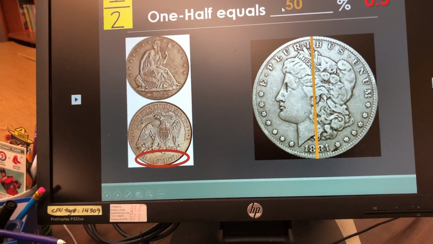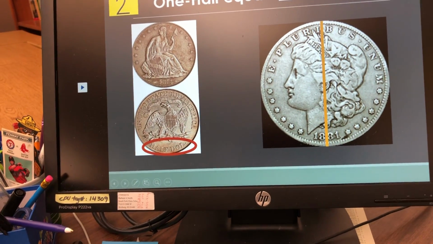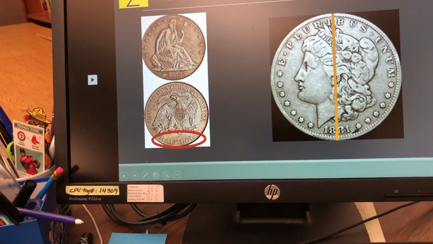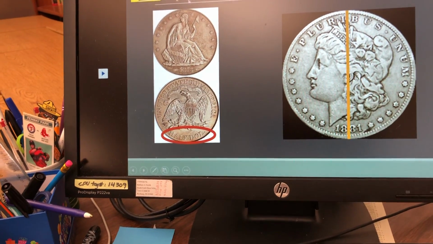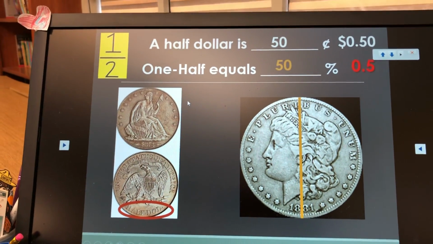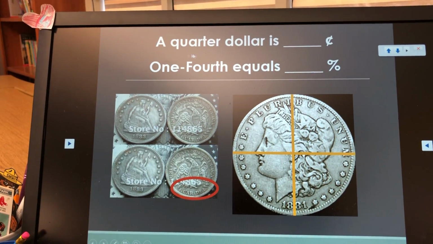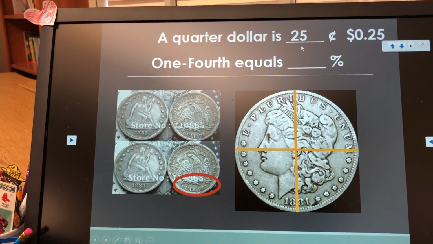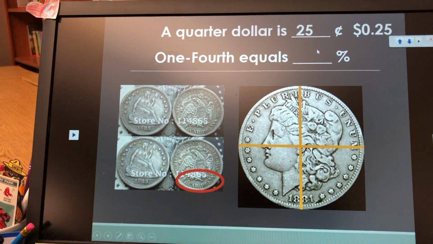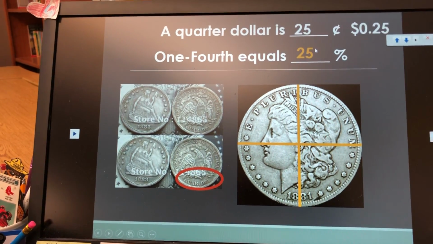So can you see the relationship between money, decimals, the percentages, and the fractions? Oops, lost them again. Sorry, guys. I'll try to be better. So 1/4 of a dollar is 25 cents. And so 1/4 equals 25%.